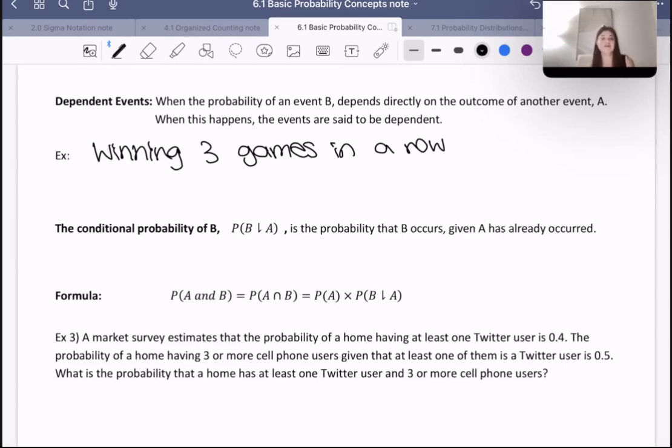However, there are certain times when what happened with A does matter. For example, if I ask, what's the probability that you will bring your umbrella today, given that it's raining today? Well, you might say, oh, I'd be more likely to bring my umbrella given that it is raining than I would be if it wasn't raining. So in that case, it would matter.